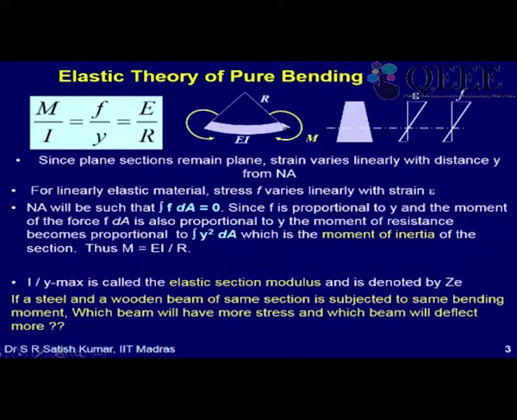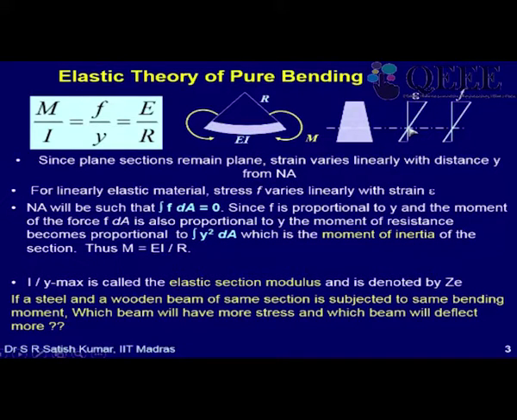This condition produces what is called linear strain variation. The fundamental assumption in the theory of pure bending is that plane sections before bending remain plane after bending, and consequently the strain varies linearly with the distance y from the neutral axis.